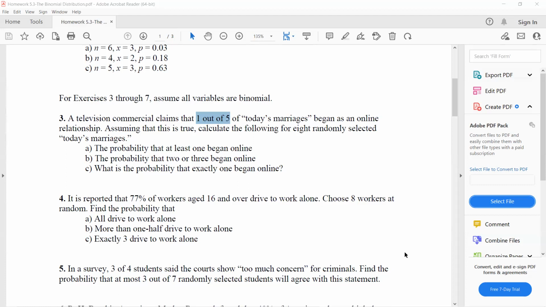We want to add the probability of 2 plus the probability of 3. Either way, we're going to have to combine 2 things together, so it doesn't make a whole lot of difference.